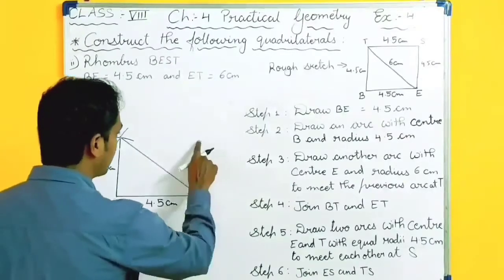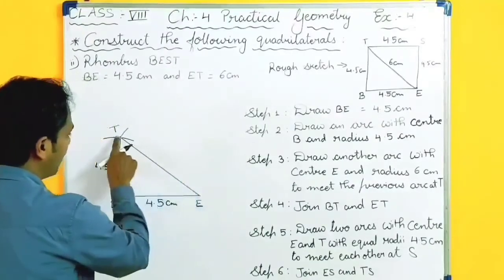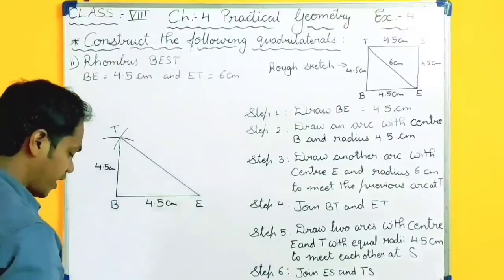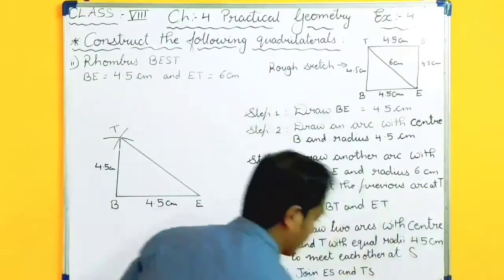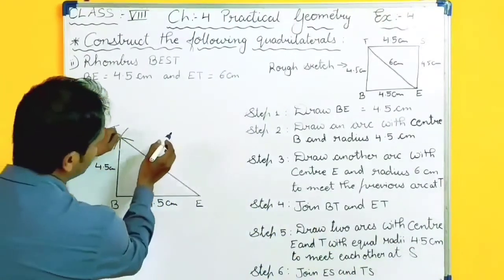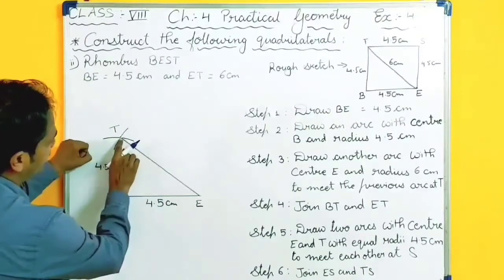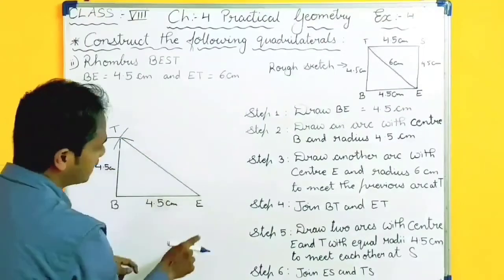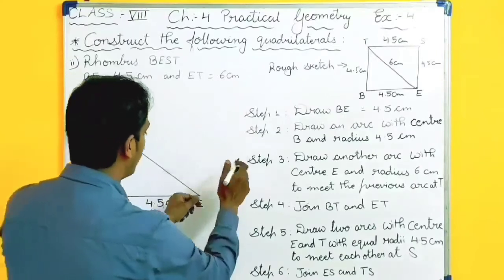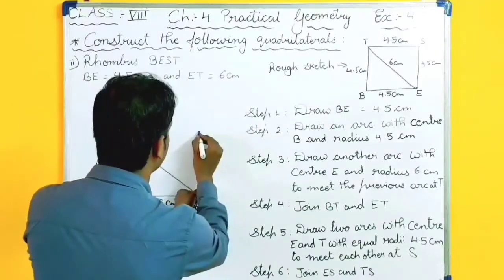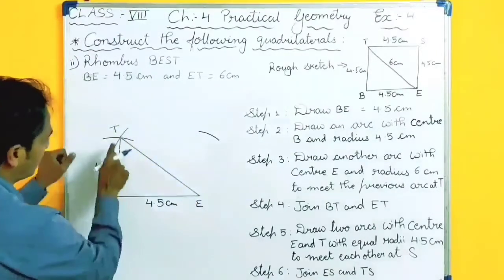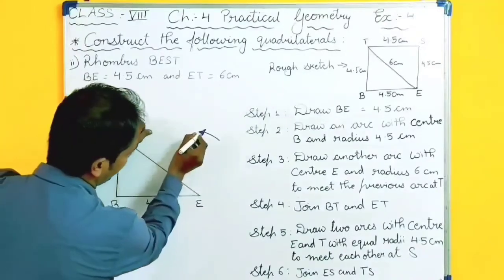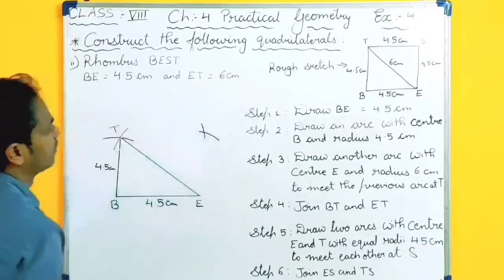So from here also I will cut an arc of 4.5 centimeter and from here also. Now put your compass point here and cut one arc here. Same way put your compass point here and cut one arc here. I will put my compass point here and I will cut one arc here.